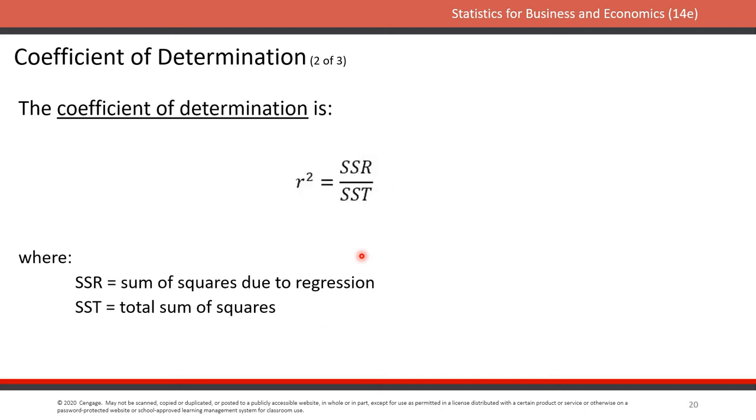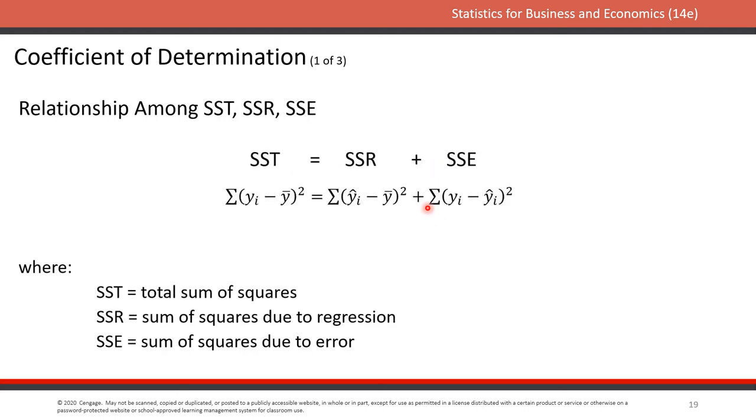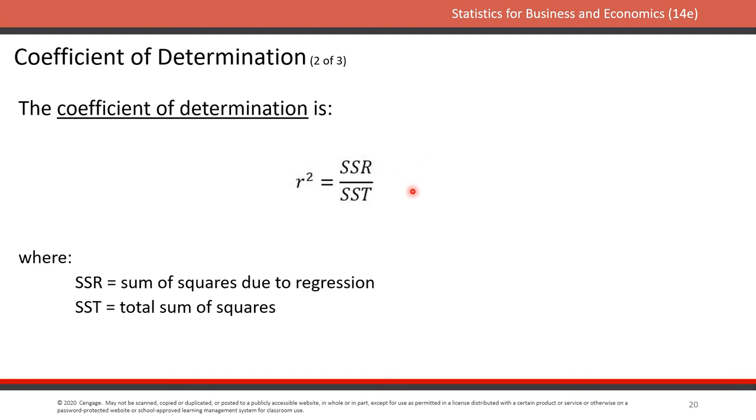Now, on the topic of prediction, just like we could break down the different sums of squares when we were talking about ANOVA, we can also do this in regression. Thinking about this, we have the total movement, the movement due to our model, and the movement due to the error. So what we can do is take the movement due to our model over the total movement and say, what percentage of the total movement is due to the model?